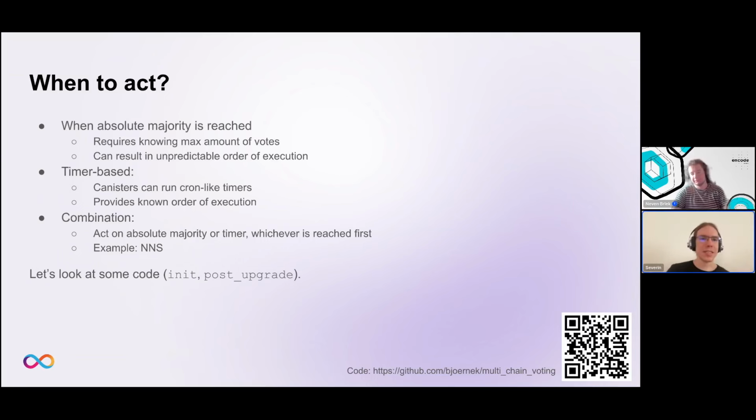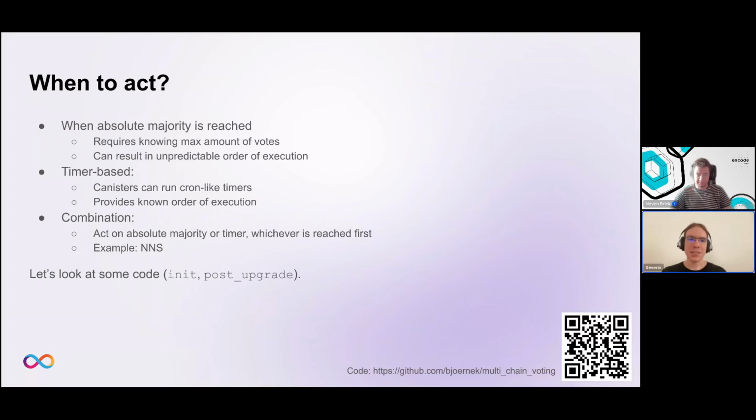If you decide on proposals based on a timer, you get a determined order of execution. That is very nice, but it takes a bit longer to get to the result usually because you want to give people a generous amount of time to vote, but then you always have to wait until that time period has passed.